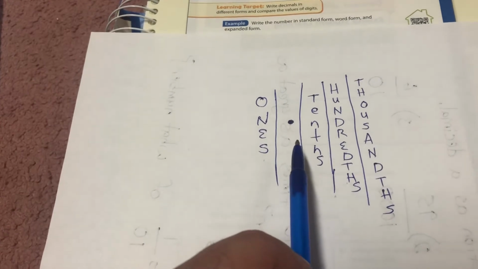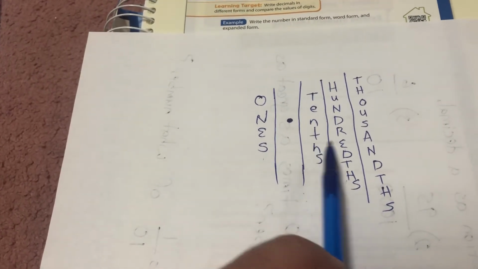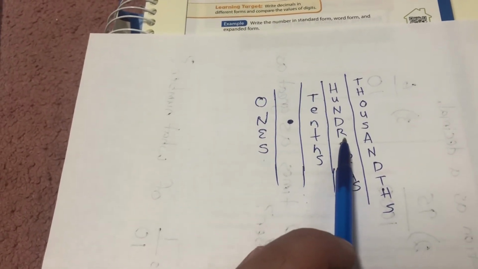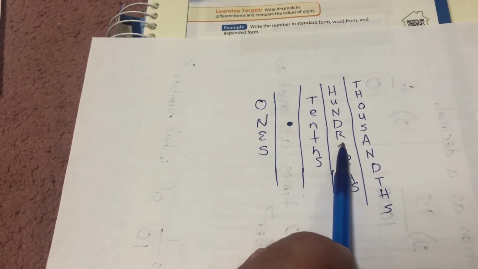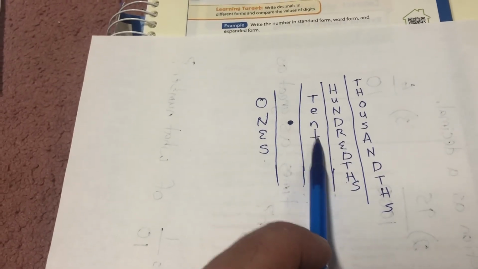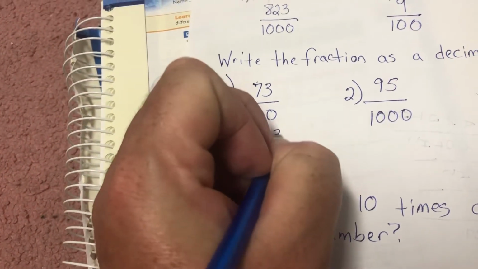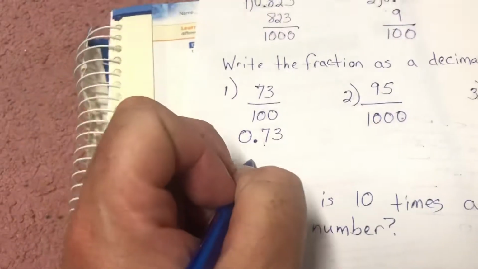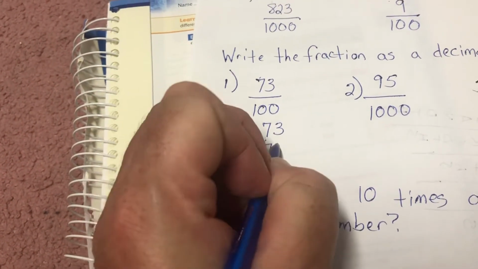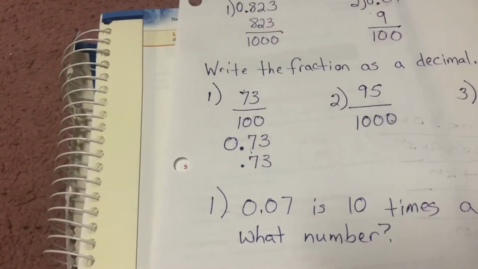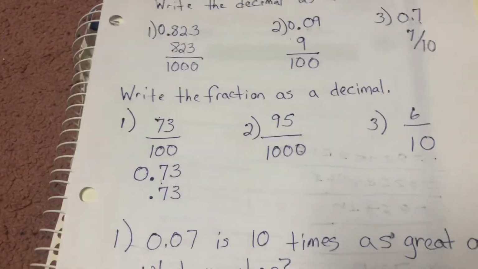And since this is 73 hundredths, my 3 has to go in the hundredths place, which means my 7 is going to have to go here in the tenths place. So it's going to be 0.73. Now if I don't put the 0 and I just want to put 0.73, that's okay. That won't be a problem.